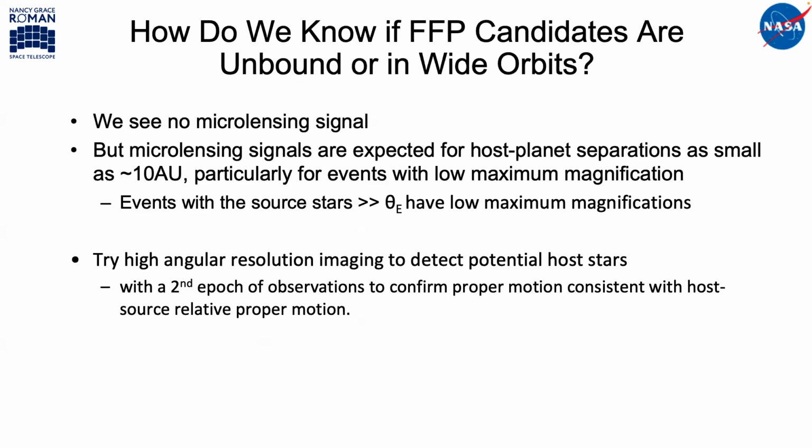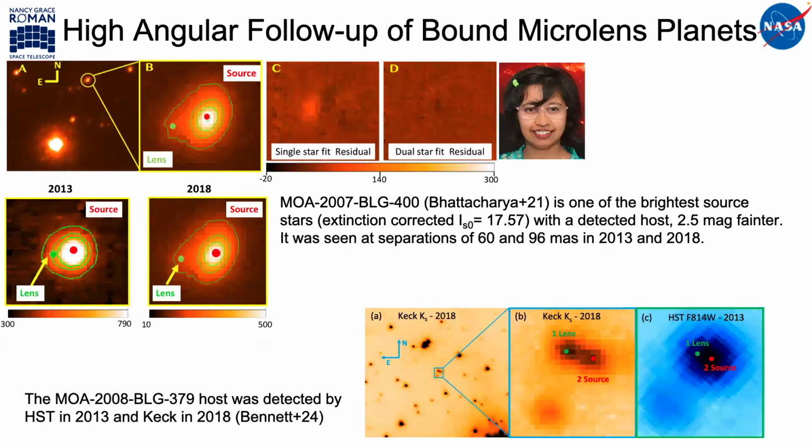For some events with smaller angular source sizes, you can actually get tighter constraints if they're moderately high magnification. And as you mentioned, we can search for candidate host stars in high angular resolution imaging, and then subsequent follow-up images can determine whether it's consistent or not with a wide separation host star.